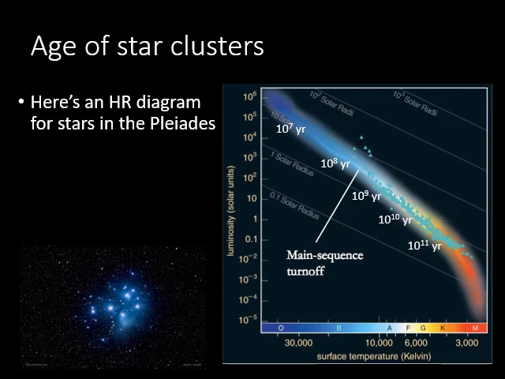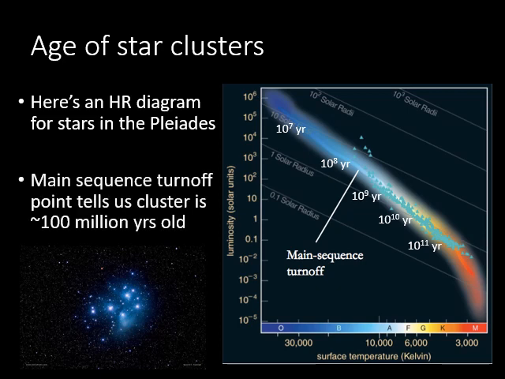Where is the main sequence turnoff? Well, the stars right about here are the ones that are evolving off. Those stars survive on the main sequence for about 10 to the 8 years, about 100 million years. So we know that the Pleiades must be 100 million years old.